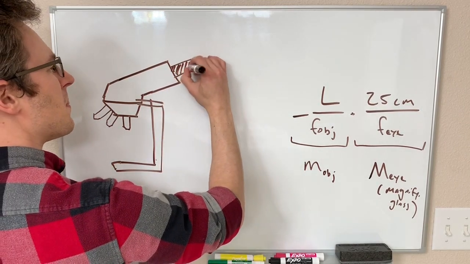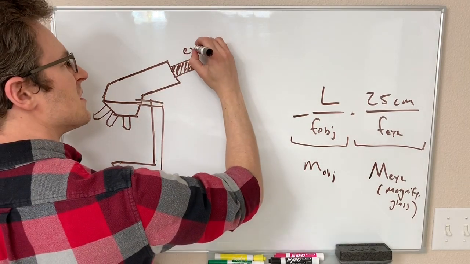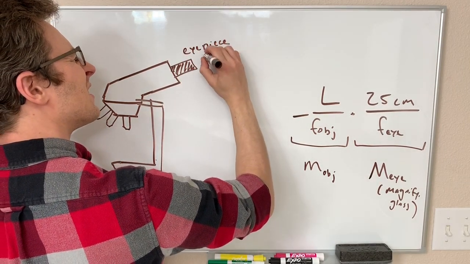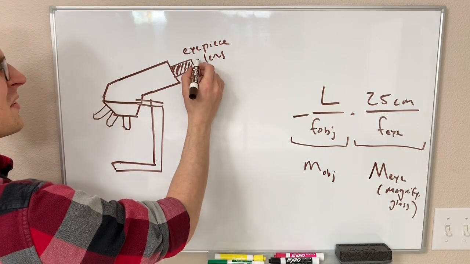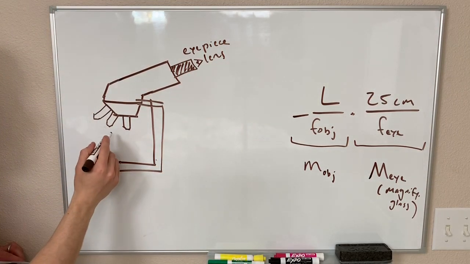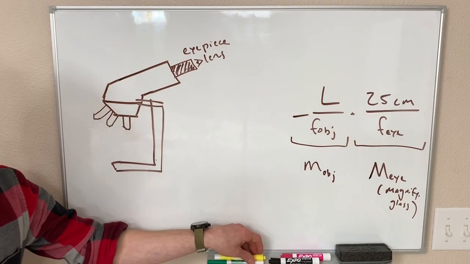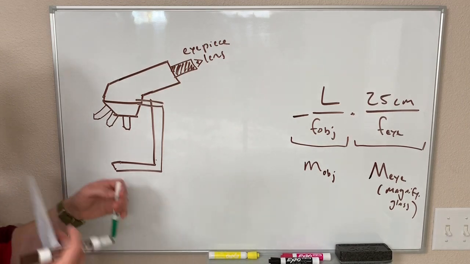Okay, so what we have here is an eyepiece lens. In the upper right, this is the thing we actually look into. And down here are our objective lenses. In fact, the way I've drawn this has a few objective lenses.